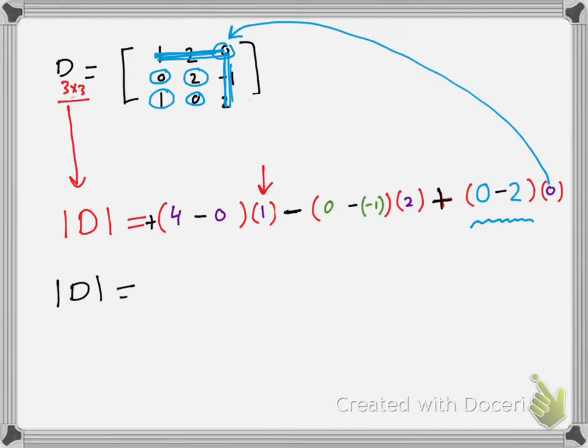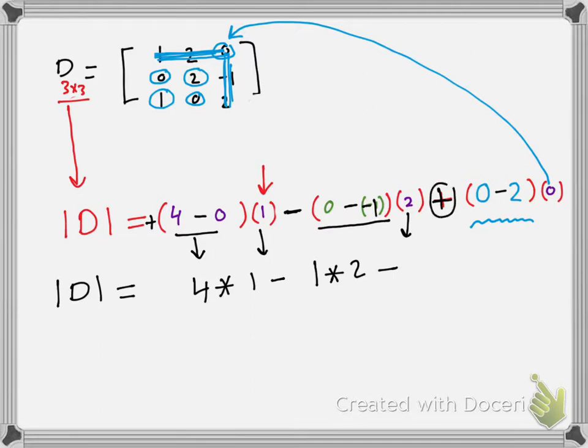Then determinant D equals, as you can see here, 4 minus 0, which is just 4, multiplied by this 1. I will drop it down, 1 minus. Inside this bracket, I have 0 and minus 1, which will be +1, multiplied by this number. It will come down, which is 2, plus.